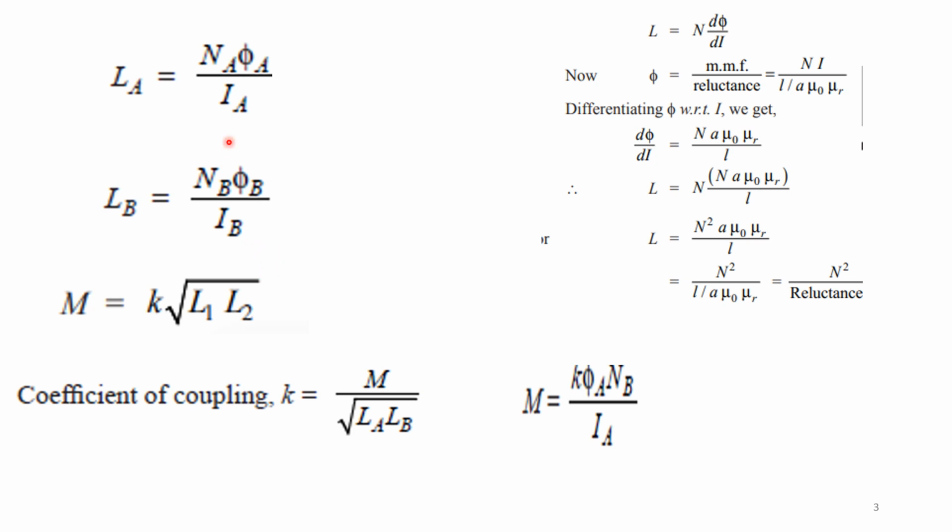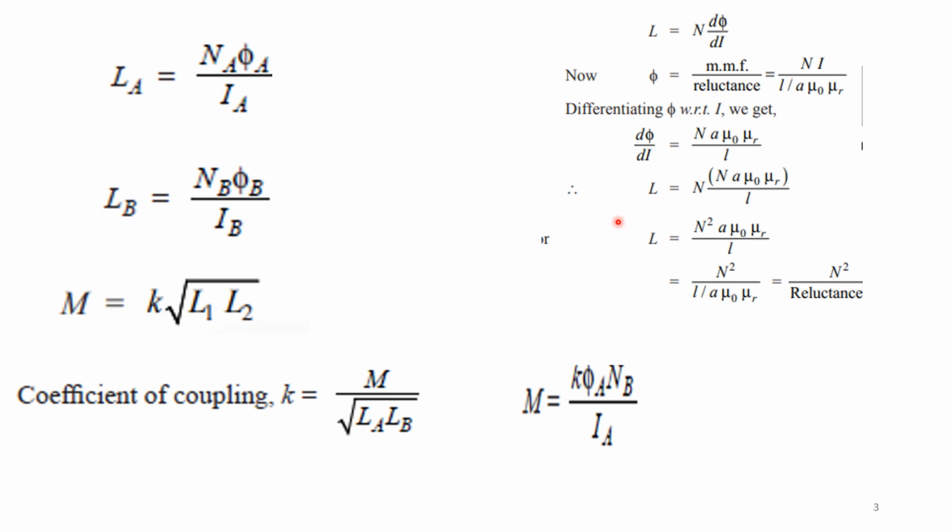If you know LA and LB, we can find mutual inductance as M equals K into square root of LA LB. From this equation we can write the coefficient of coupling as M divided by square root of LA LB, or in terms of reluctance we can have the formula.